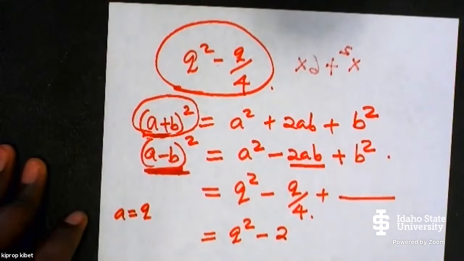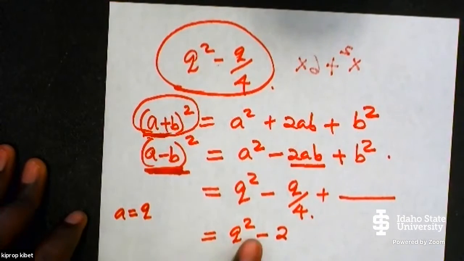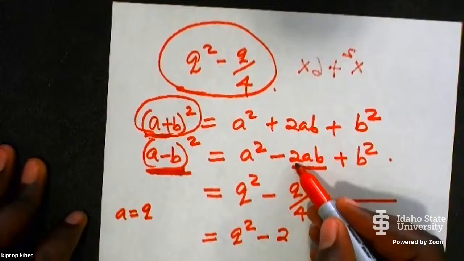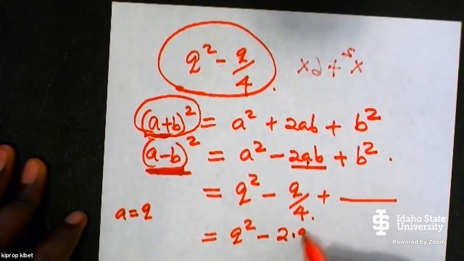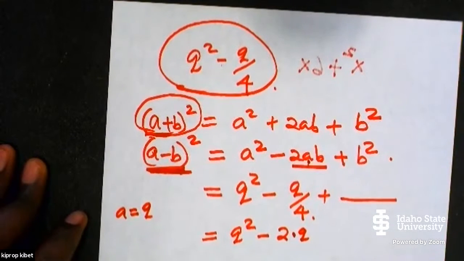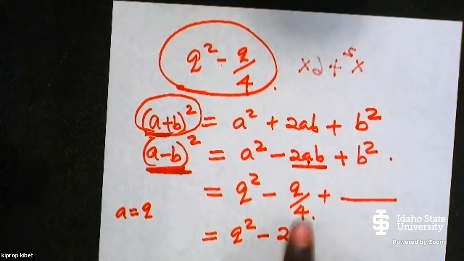Q, okay? So we know a to be equal to Q. Then we have the 2, so it will be 2, we know a is what? Q, right? Now, we have the 1 over 4. So we have the 1 over 4 there.